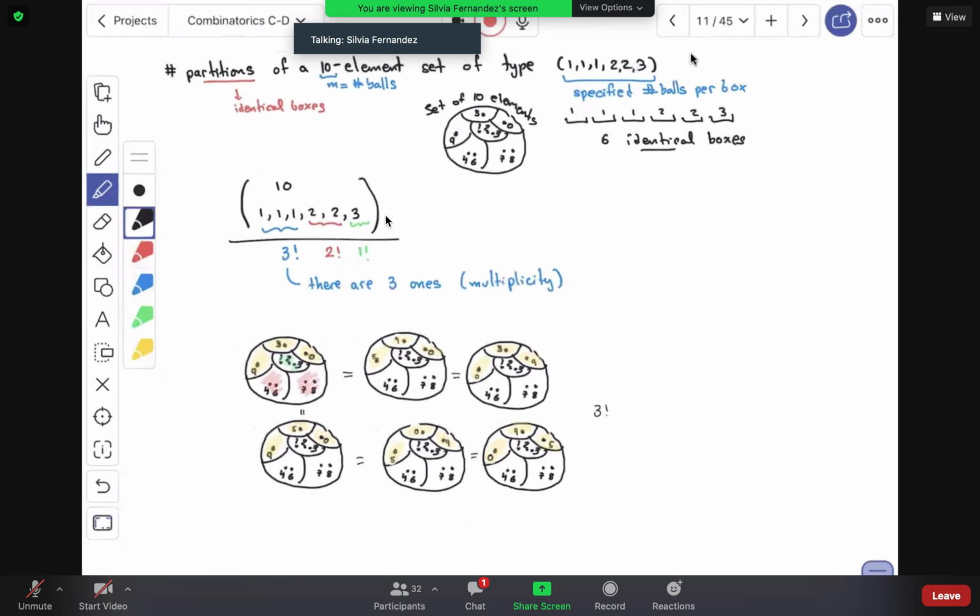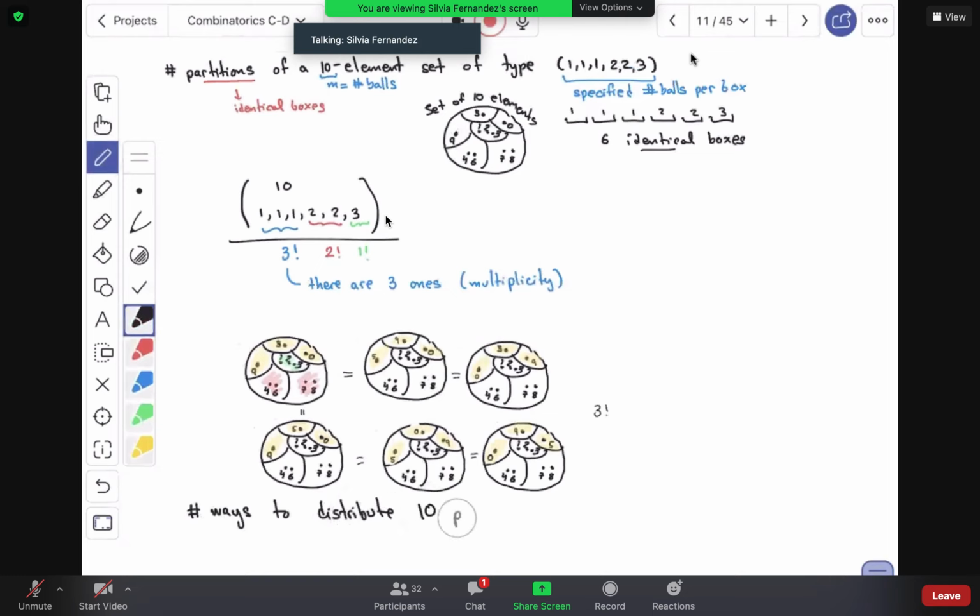Let's say that now you want the number of ways to distribute 10 people into classrooms A, B, C, D, E, F. So 1, 2, 3, 4, 5, 6, so that it's more or less the same problem.